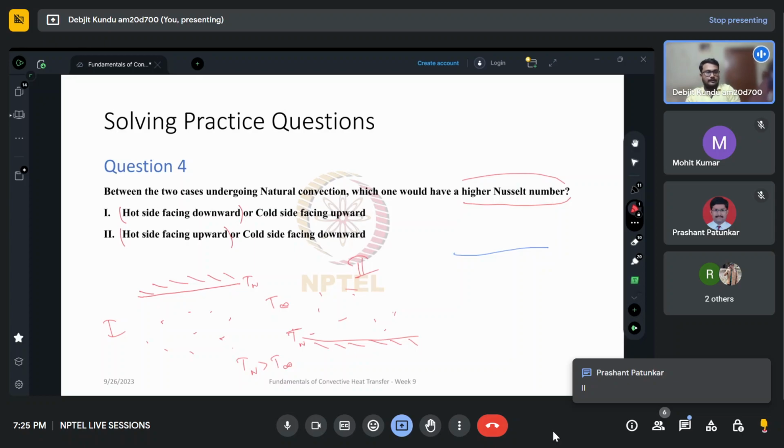Okay, so we have one response saying it's option 2. Let's see what others have to say. Option 2 means that hot side is facing upward or cold side is facing downward. Okay, another response in favor of option 2.